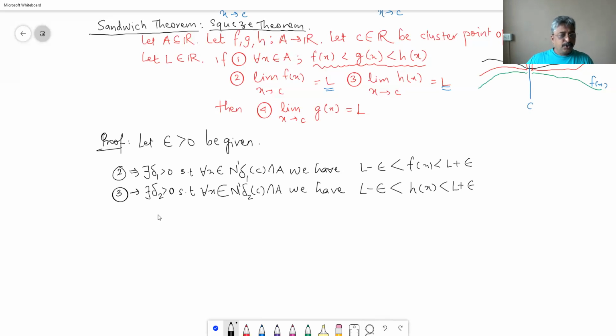Good. Choose delta is equal to the minimum of delta 1, delta 2. What will happen?